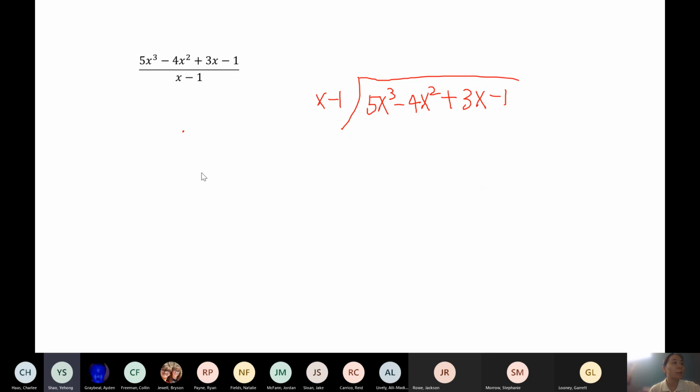You would multiply it by 5x squared. But can you tell us how you got 5x squared? Where does this come from? X goes in the 5x cubed.